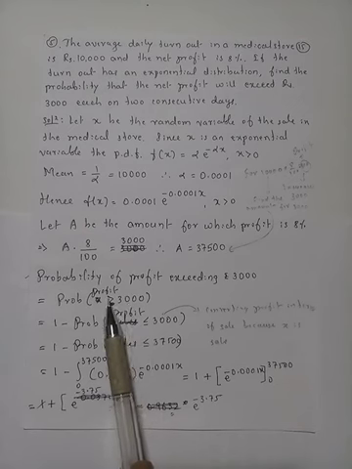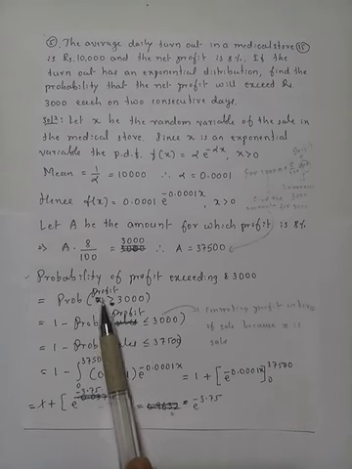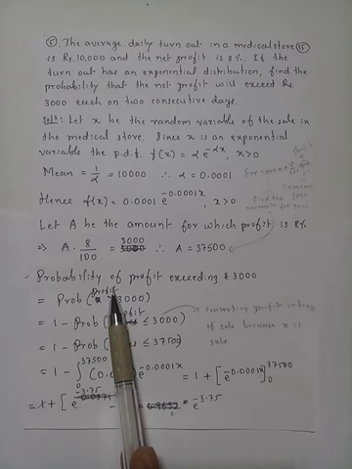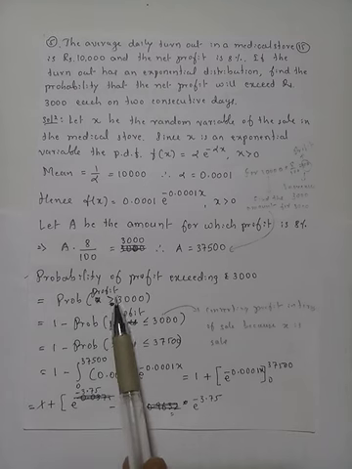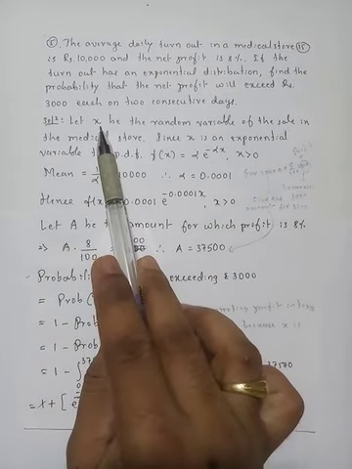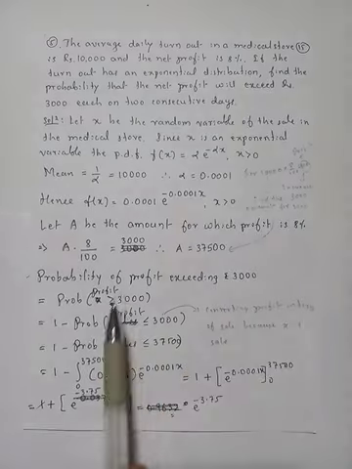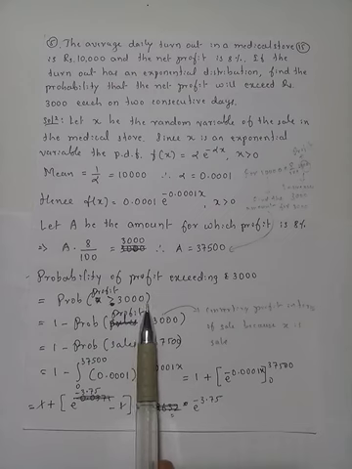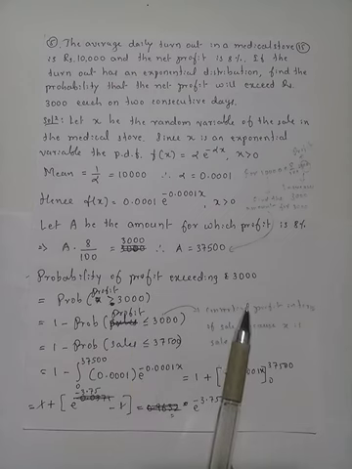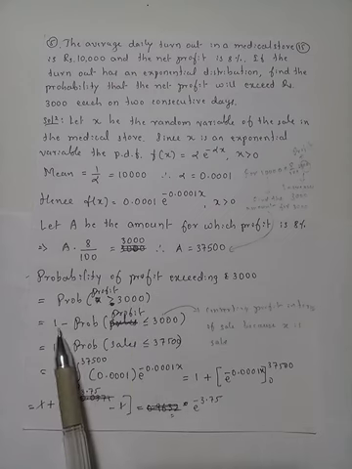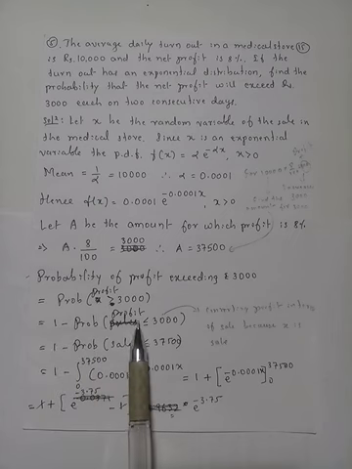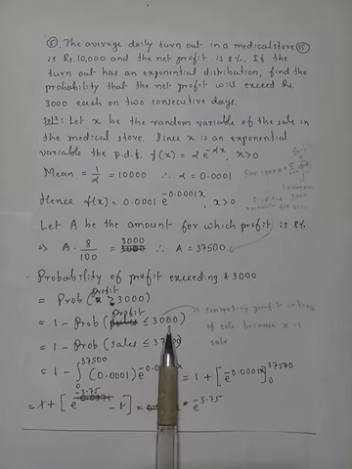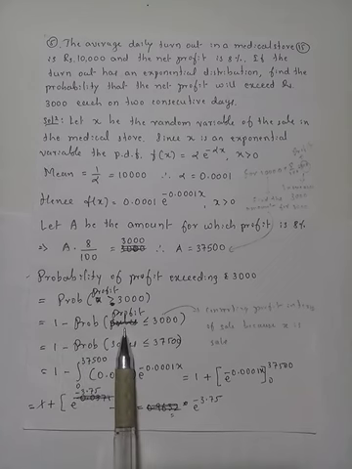But we have to convert this profit in terms of daily turnout, that is, in terms of sale, because we defined x as the sale. Profit greater than 3000 means from 3000 up to infinity. Instead of that, we take 1 minus the probability that profit is less than or equal to 3000. This technique you know.